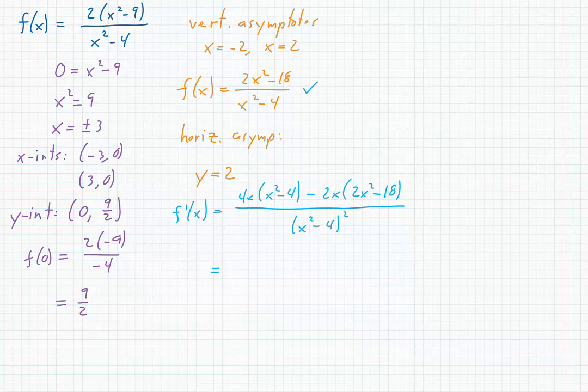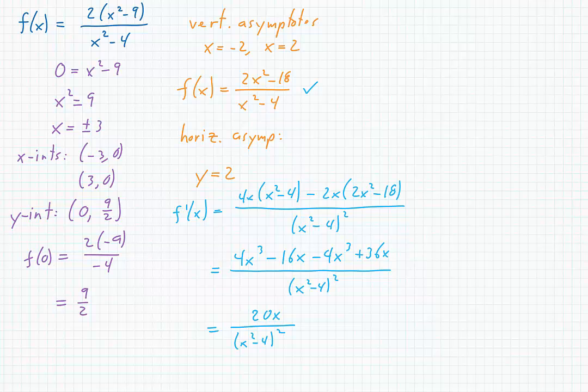That says the first derivative is equal to 4x to the third minus 16x minus 4x to the third plus 36x, all divided by x squared minus 4 squared. And if we simplify that a little bit more, the x to the thirds are going to add to 0, they disappear. The negative 16x and the 36x will be 20x, all over x squared minus 4 squared.